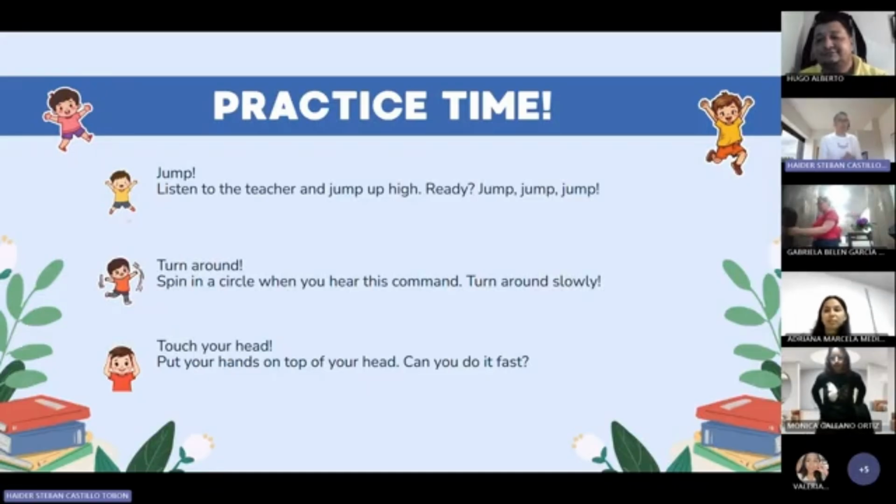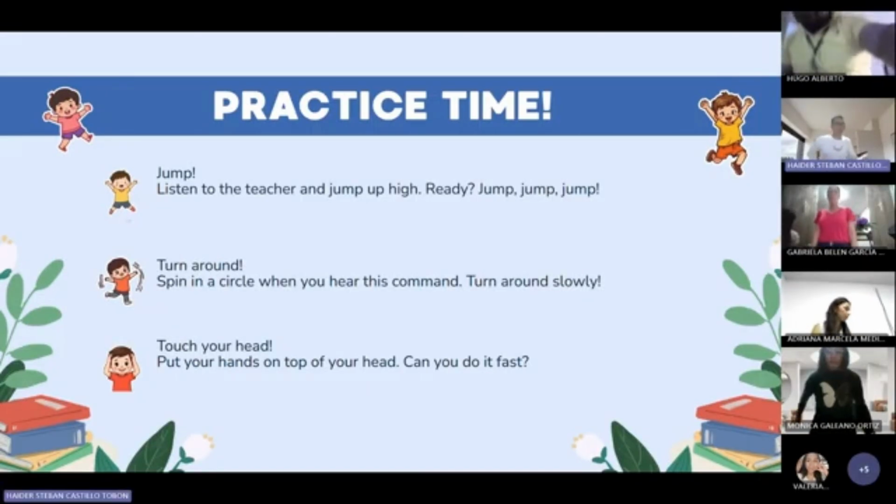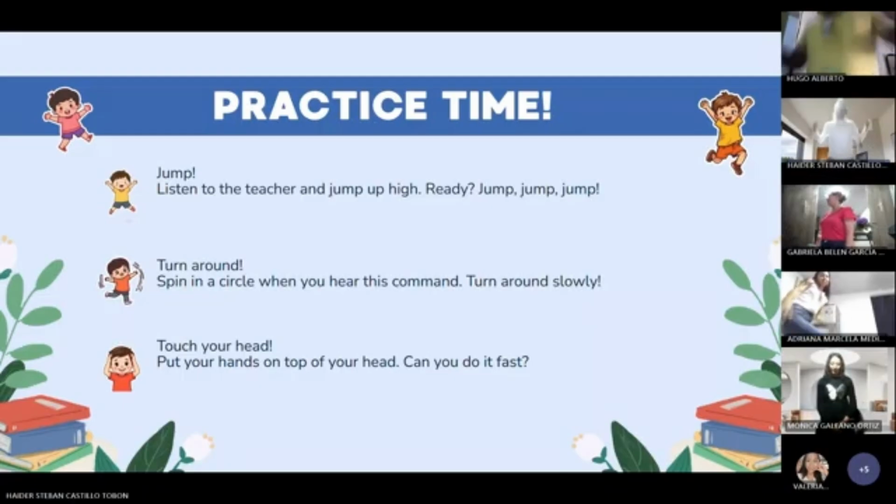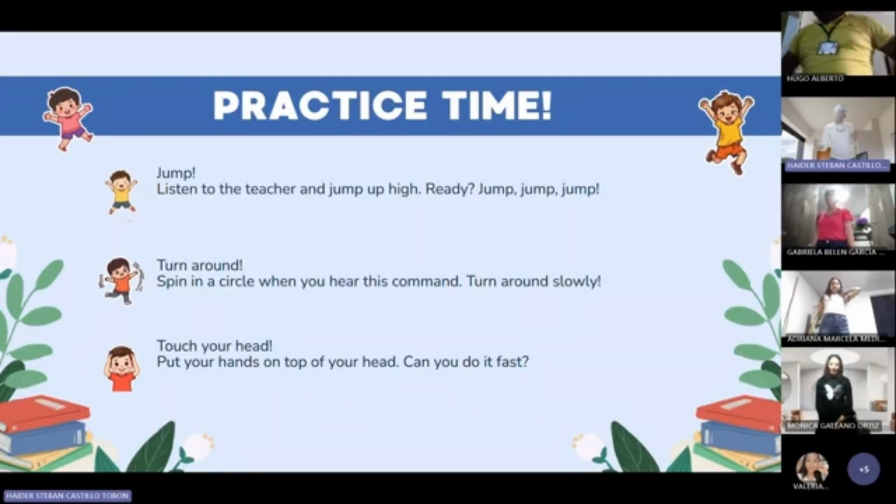Okay? First action is jump. And if it's possible, please stand up and make the action. Jump. This action, jump, saltar, es la acción como tal que podemos representar.